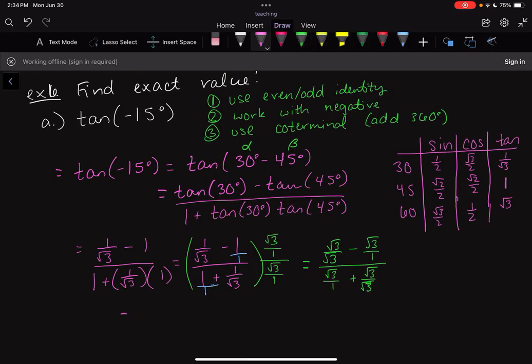So the whole goal of this was now we have some cancellations happening. So this becomes 1 minus root 3 over root 3 plus 1.